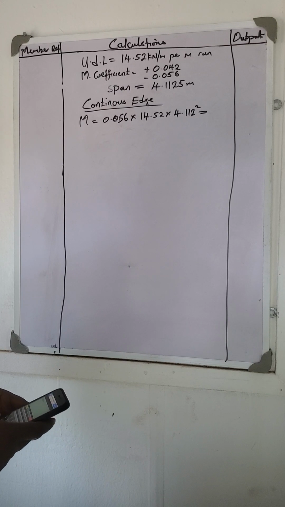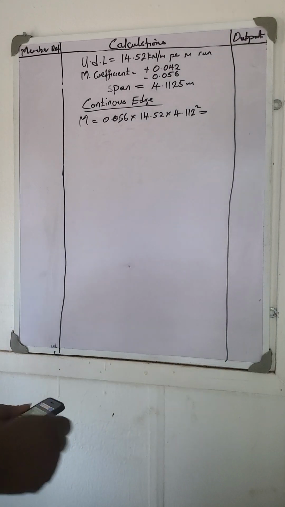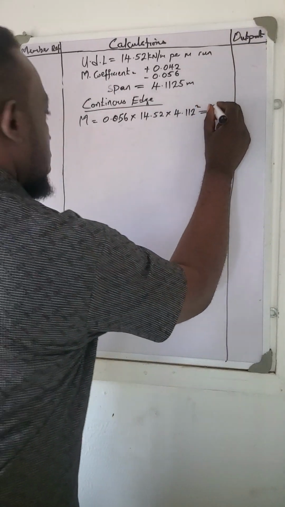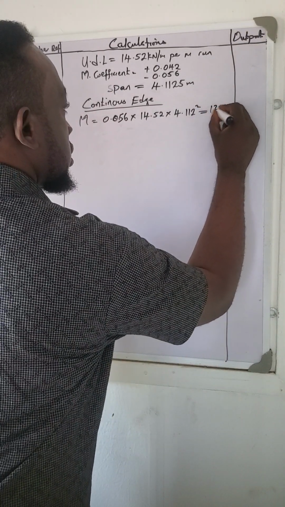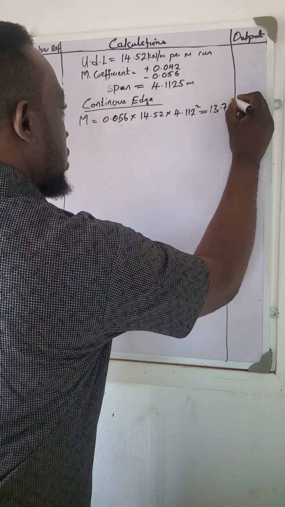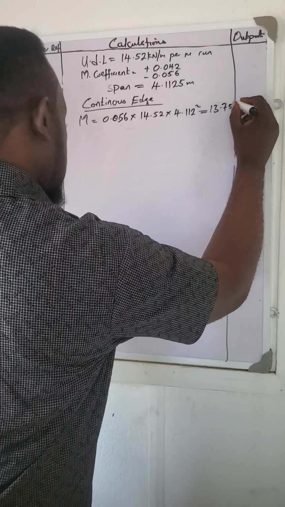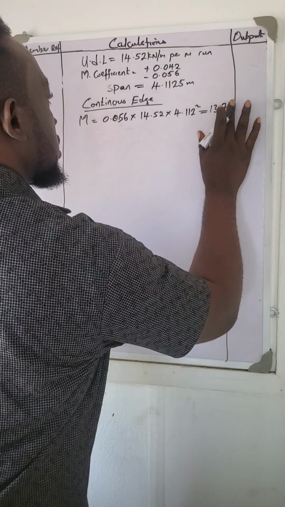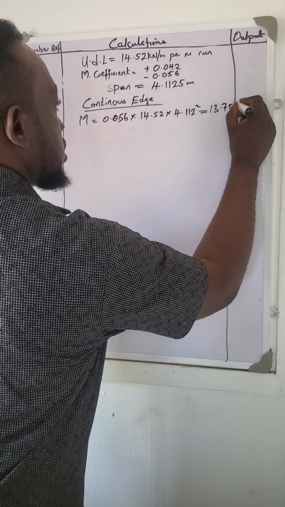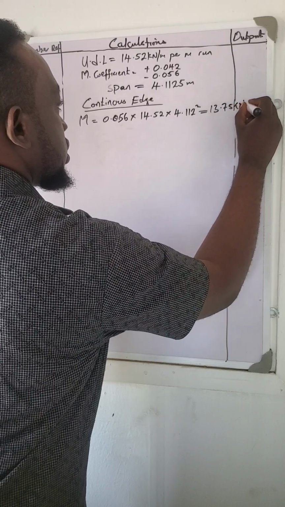0.056 multiplied by 14.52 multiplied by 4.1125 squared. This one will give me 13.75 kilonewton meters.